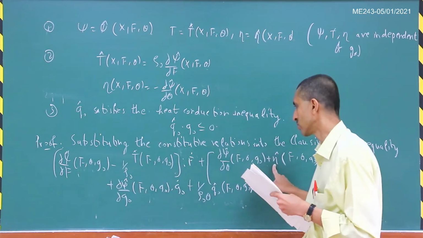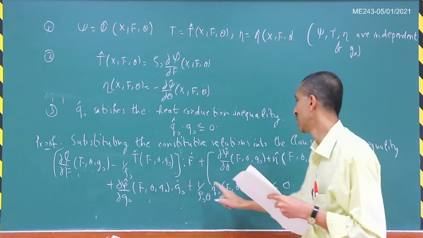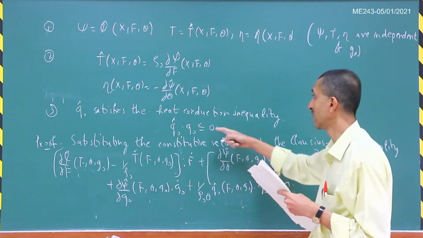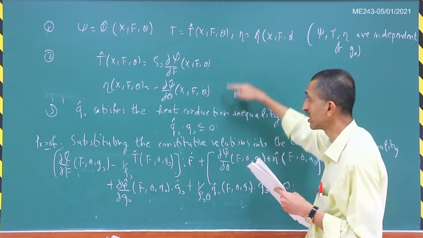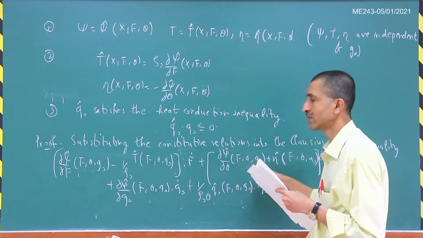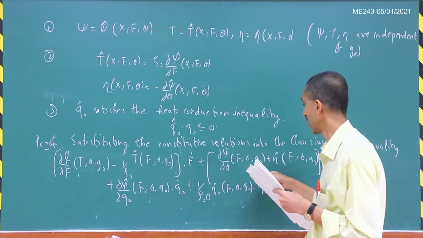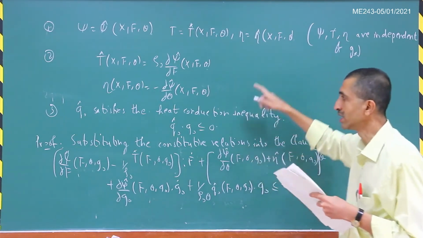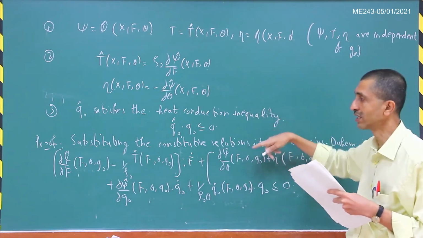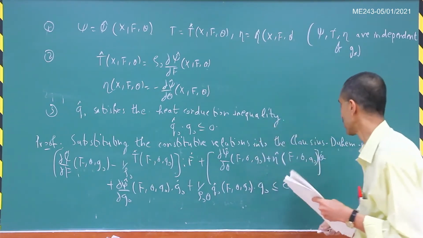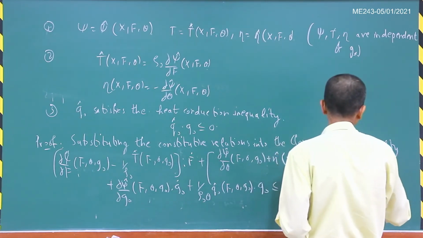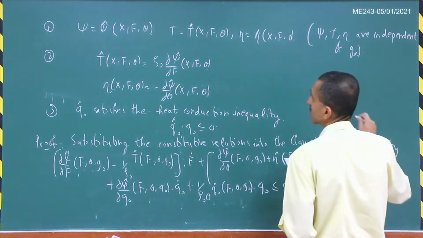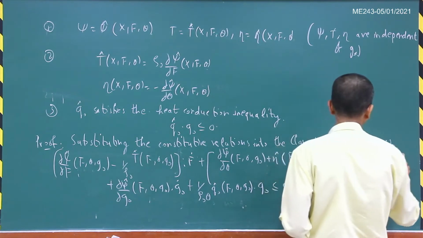Similarly, this part goes to 0. This part goes to 0. And this inequality is satisfied by this. So if these conditions are satisfied, then this particular statement is automatically satisfied. So the sufficiency of these conditions is obvious. Correct?